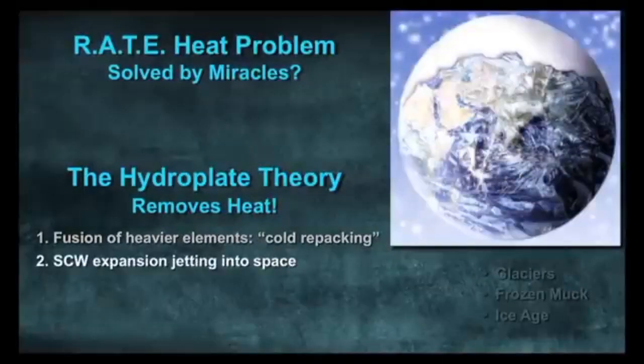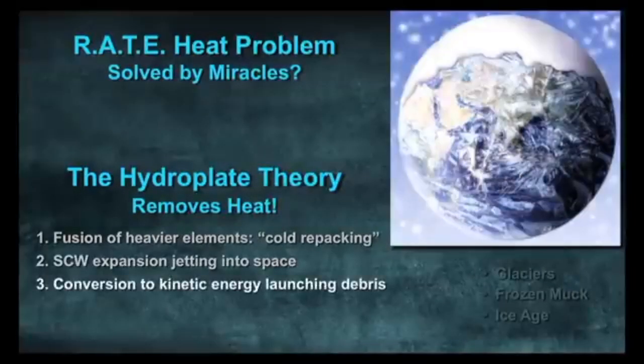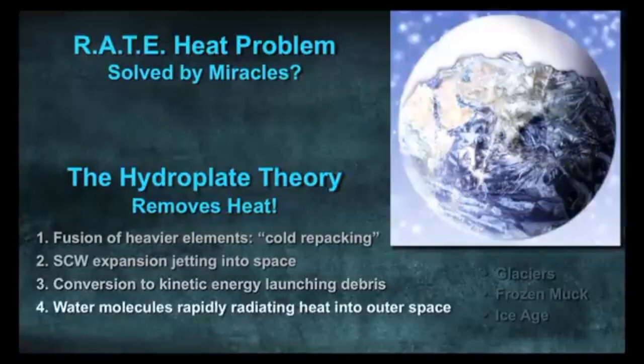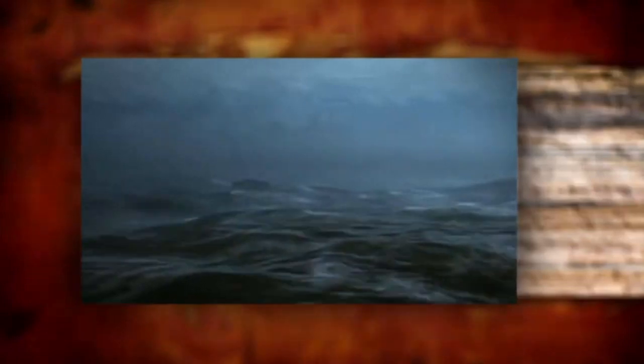Supercritical water expansion, converting heat energy into kinetic energy by launching the fountains of the great deep through the atmosphere, and the rocks and the water going out to become the comets and asteroids. That also removed a lot of heat. Kinetic conversion of heat to kinetic energy and supercritical water expansion jetting into space.